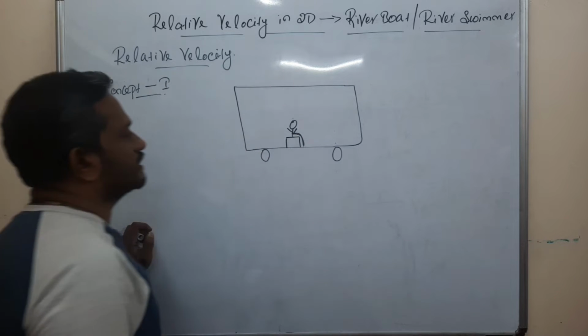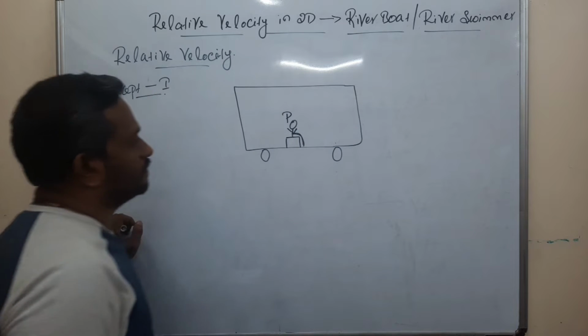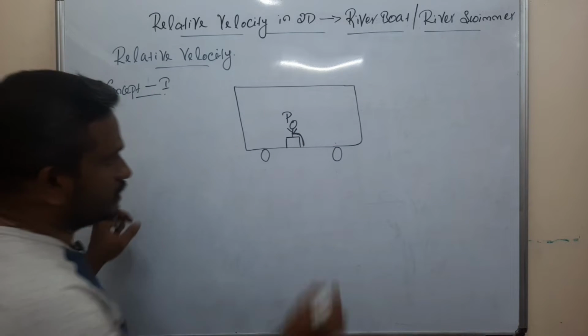A passenger is sitting inside the train. So P, the passenger.